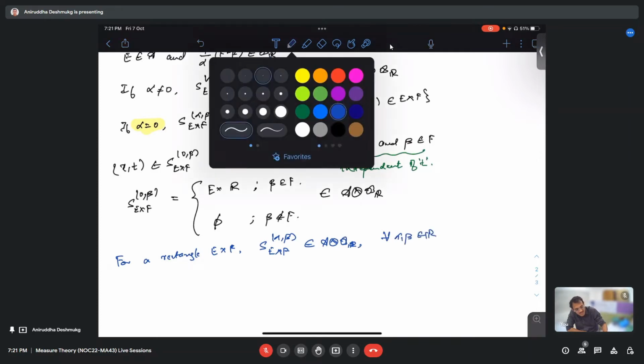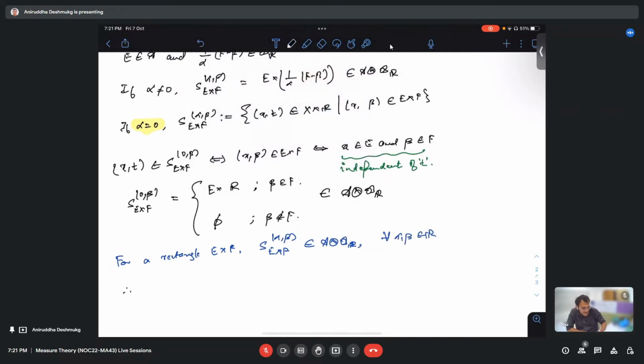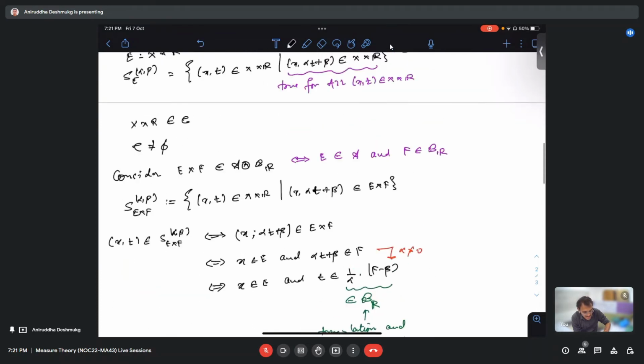But then this means that E cross F must be inside C, this collection C which we have defined. So now the rectangles are inside C.